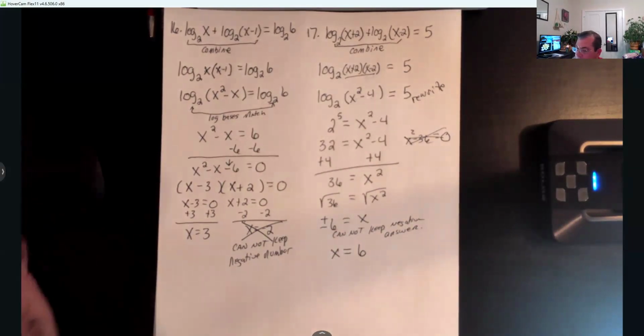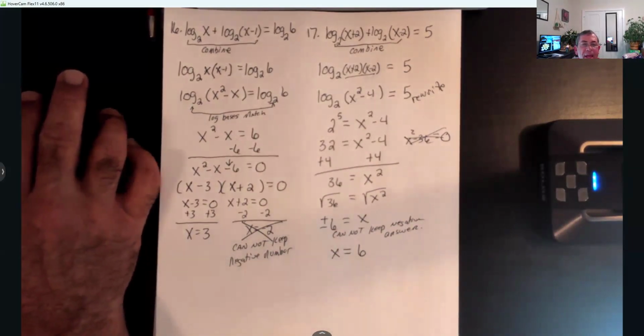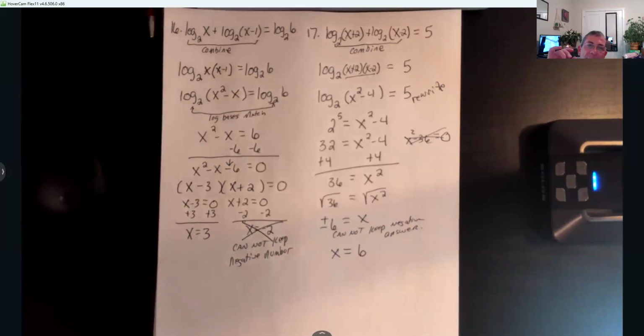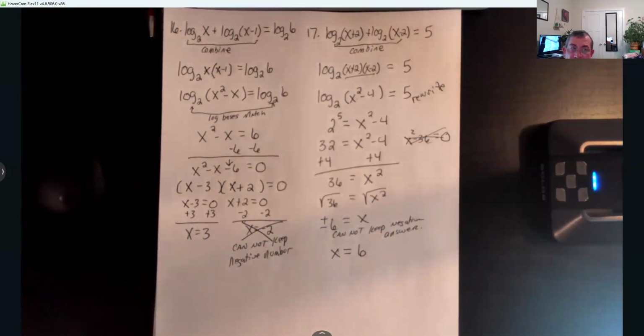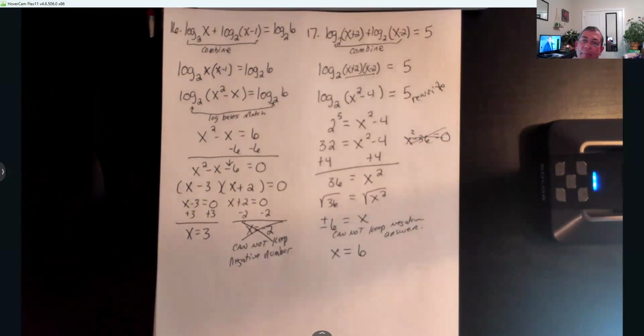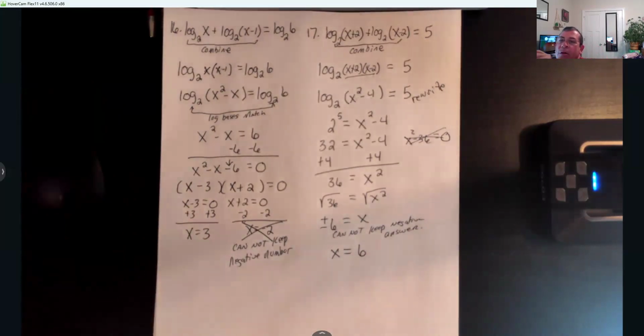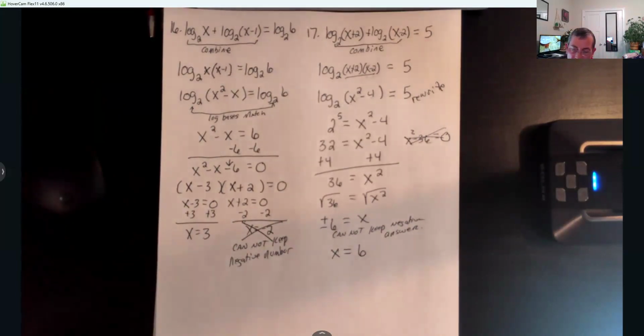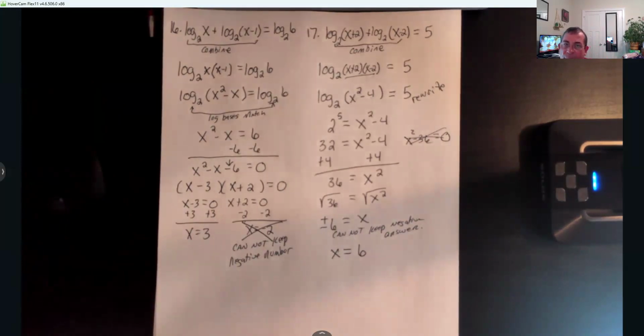All righty, y'all. So that is 9.7. We solved exponential equations. We had two cases. We either had the same bases on both sides and we set the exponents equal, or we had to take logs of both sides. On our logarithmic equations, you always started them out by combining logs if you have to.